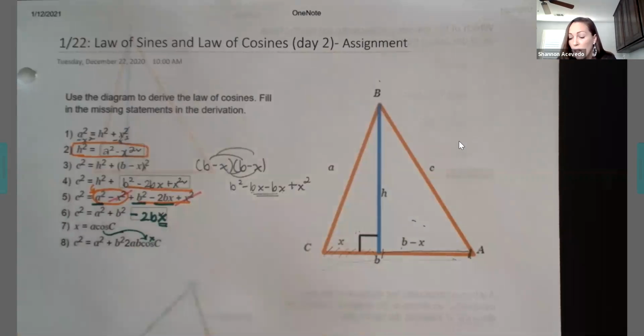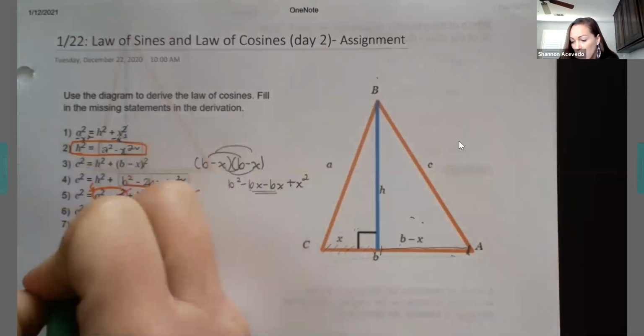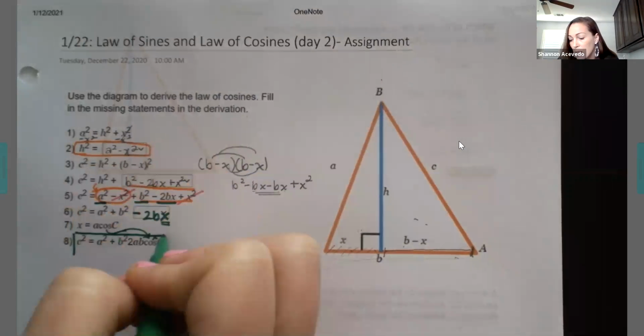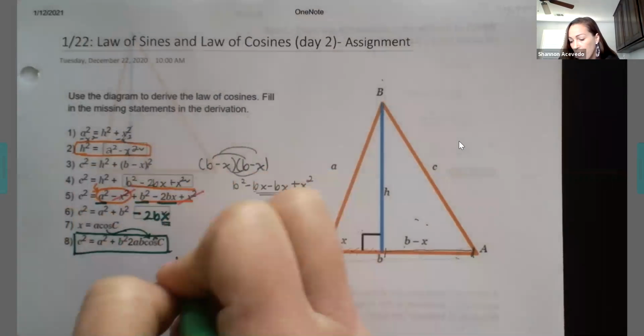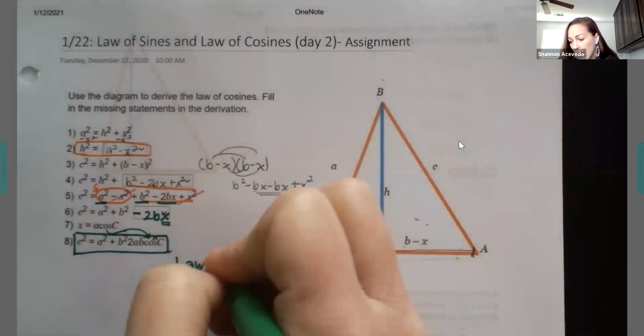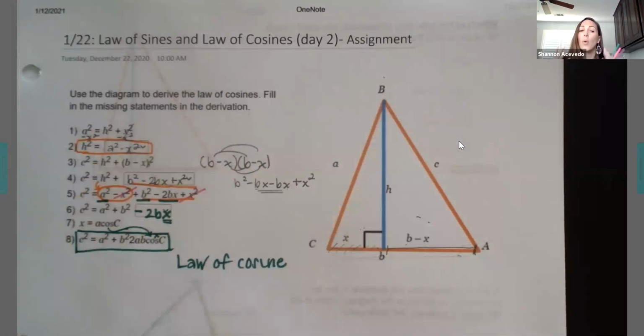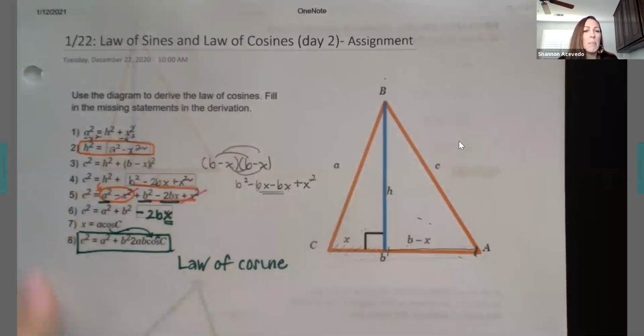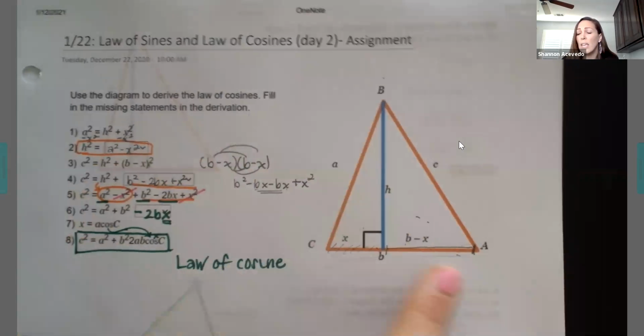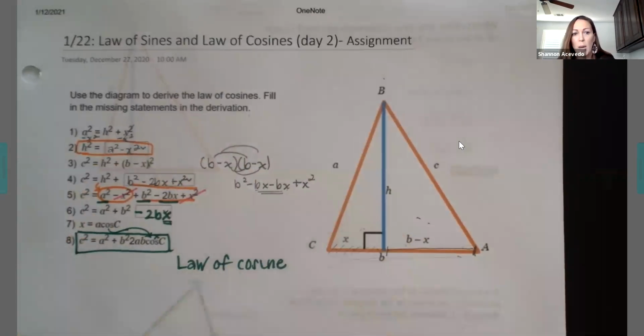And there's my law of cosines equation. This right there is your law of cosine equation. Done. So when you're doing these, you're basically just working through the algebraic pieces of this, and they give you the triangles so you can correspond where they come from.